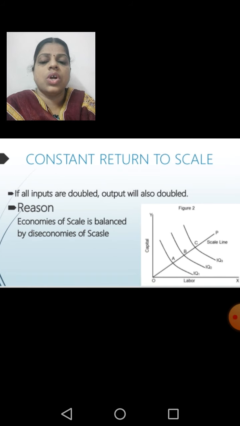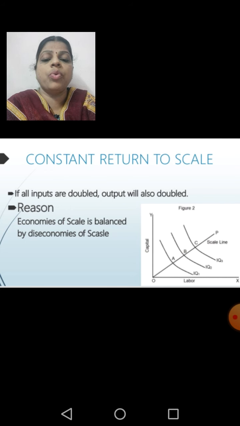The next one is constant returns to scale. If all inputs are doubled, the output will also double. What is the difference? However much input we apply, we can reap the output in the same manner. If all inputs are doubled, then the output will also double.